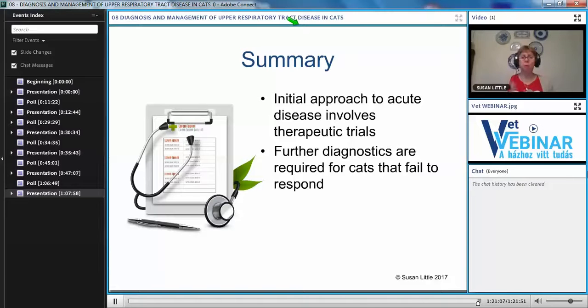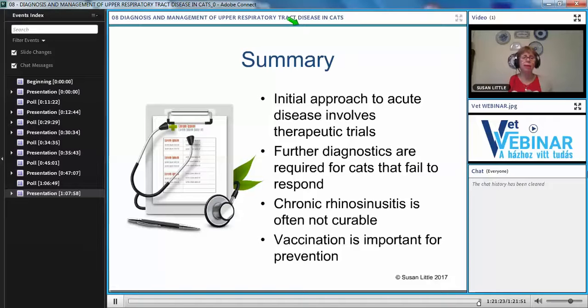So remember that difference between acute and chronic disease and what our approach is. Chronic disease is often not curable, but it might be controllable. And we talked about, for example, using the injectable interferon or using famciclovir for those cases. And vaccination, even though it has its limitations, is very important for disease prevention and also for limiting morbidity and mortality.